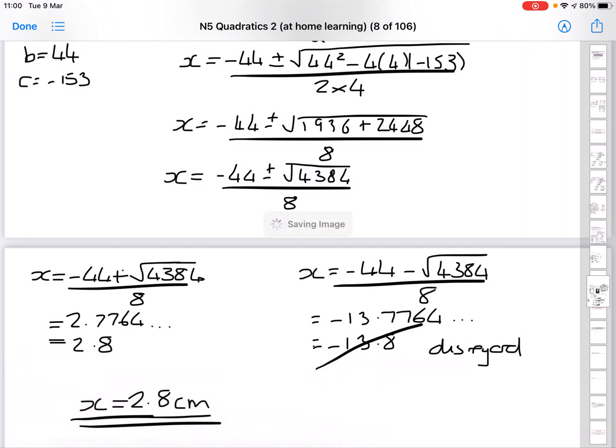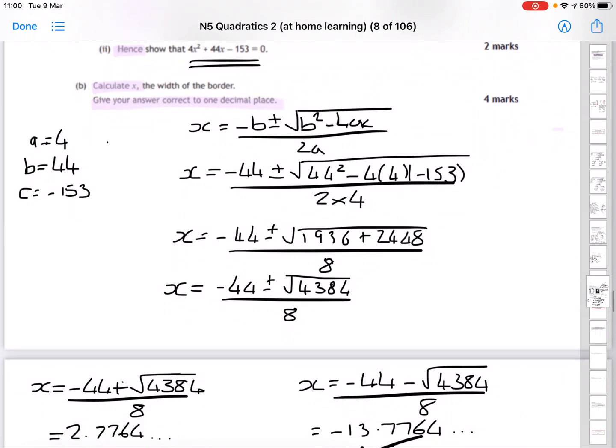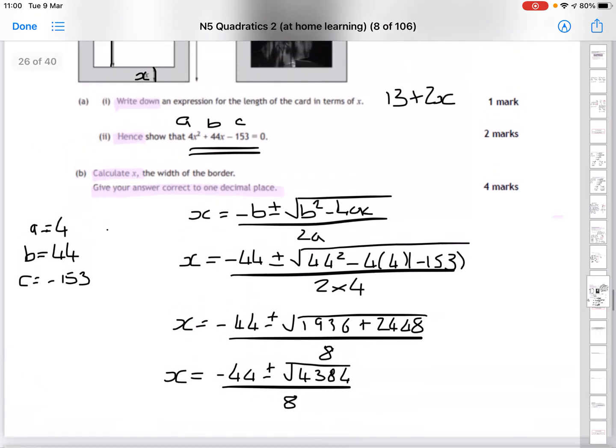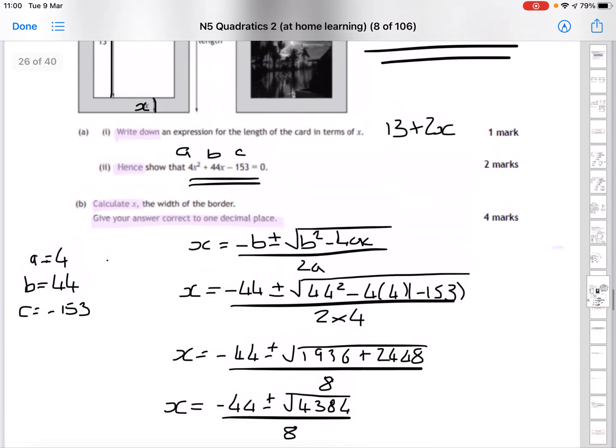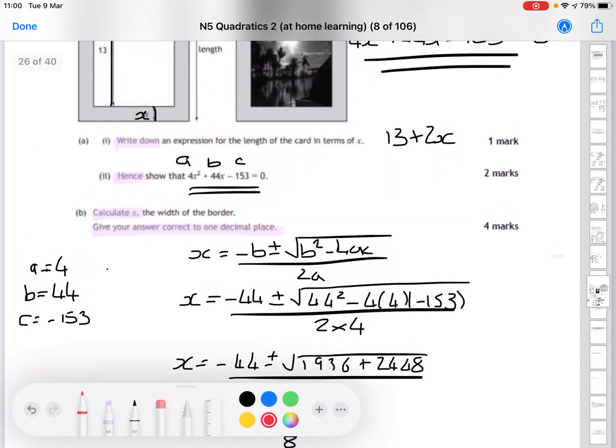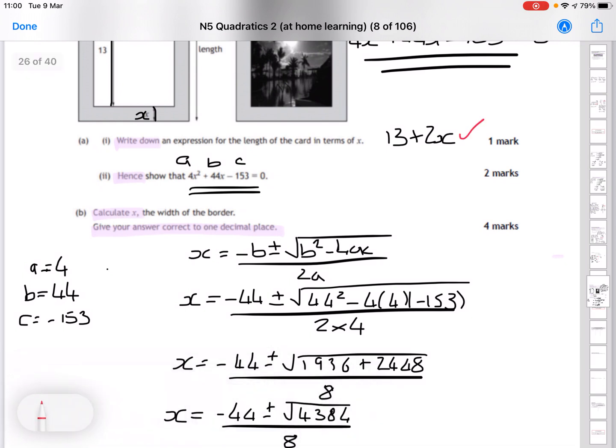So this question, again, is quite a lot of marks, but again, it's quite simple marks to get. Really, a lot of this is just formula work. So for the first part, your first mark for part 1 is just for writing out the length is 13 plus 2x. For part 2, it's 2 marks.